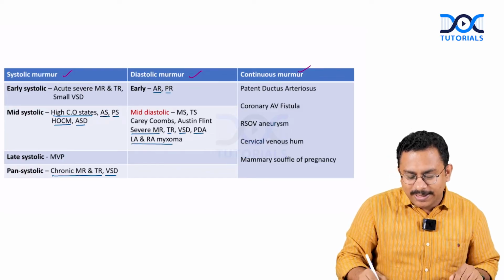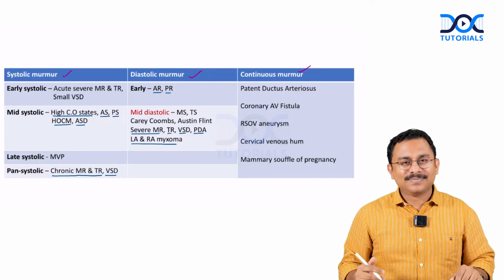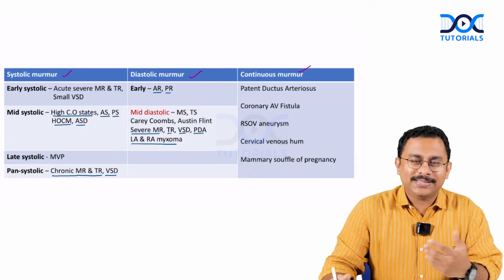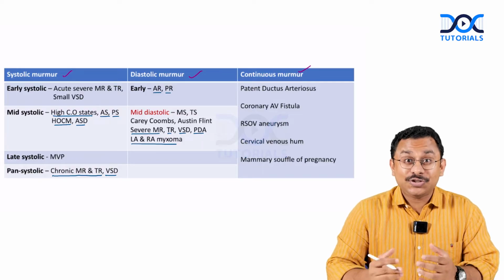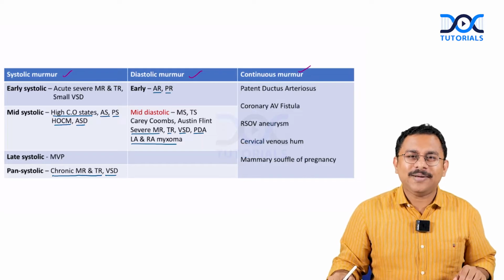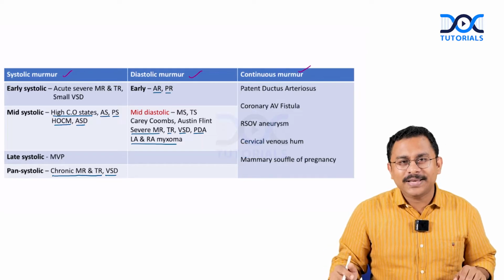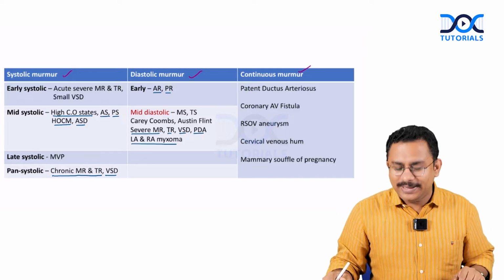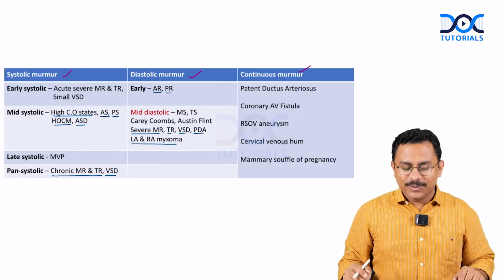Also in left atrial and right atrial myxomas. Continuous murmurs are again important. It's again a previous question, causes of continuous murmurs: PDA, coronary AV fistula, rupture of sinus of Valsalva, cervical venous hum, and also the mammary souffle of pregnancy. These are the causes of continuous murmur.